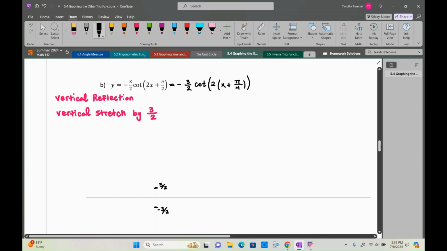To get that, I just took this pi over 2 and I divided it by what I needed to factor out, which was a 2. And so if you try to simplify that, you could rewrite the 2 as 2 over 1, and then you'll flip and multiply by that bottom fraction, and we'll wind up with a pi over 4.